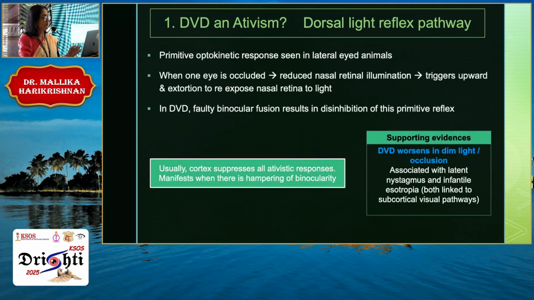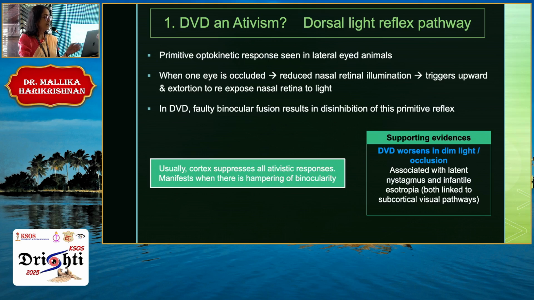So is DVD an atavism? What is an atavism? It is a primitive optokinetic response seen in lateral eyed animals. It is present in our body also, but the usual cortex suppresses all atavistic responses, and it manifests when there is hampering of the binocularity.